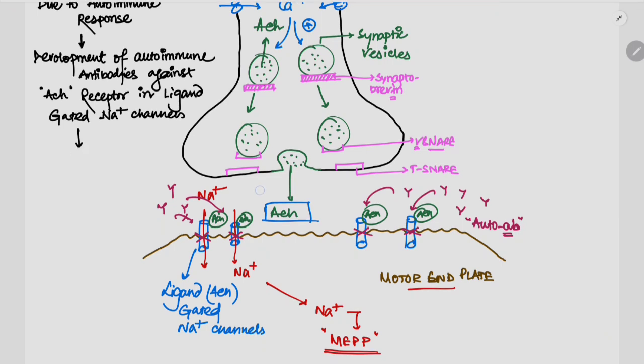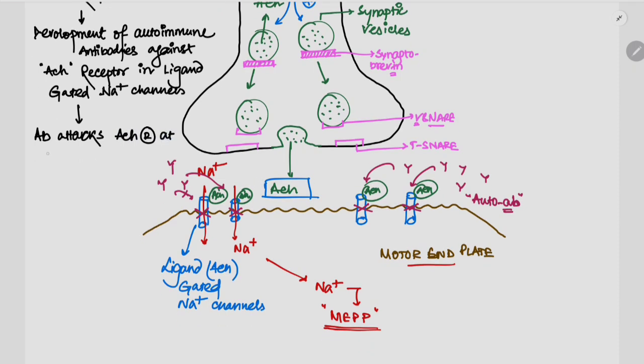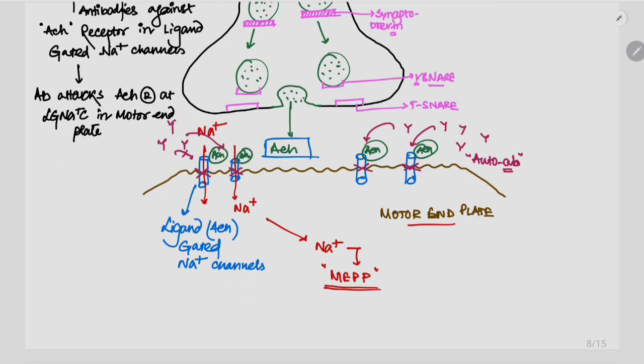So then what happened? Those antibodies attack the acetylcholine receptor at the ligand gated sodium channel in the motor end plate, which acts against the nicotinic acetylcholine receptor.